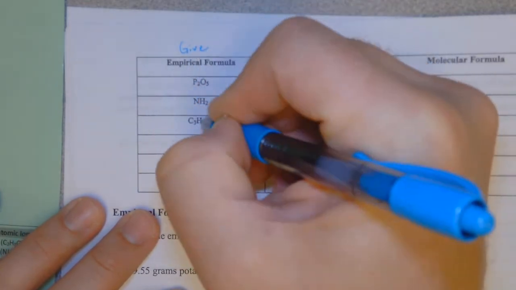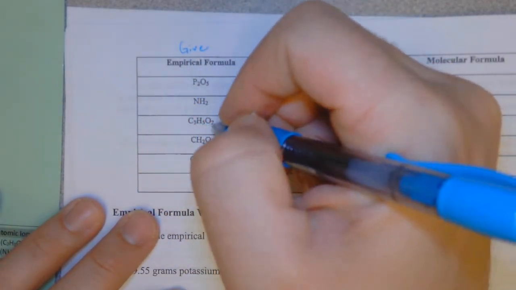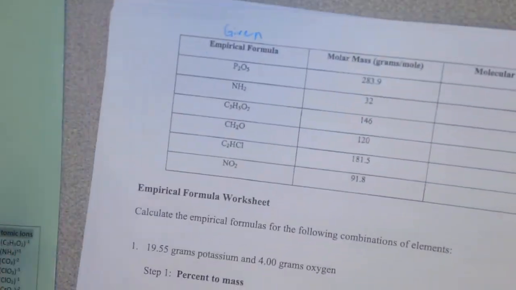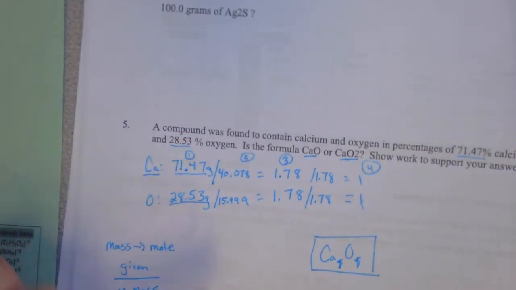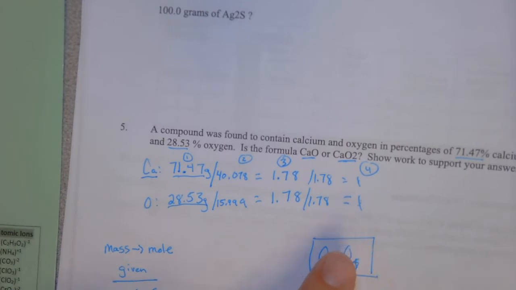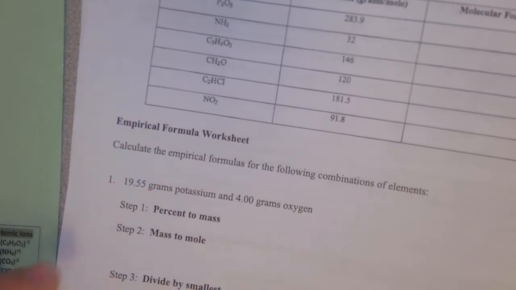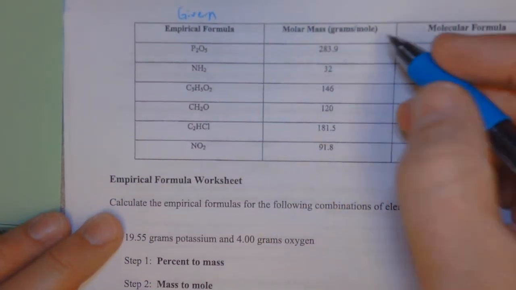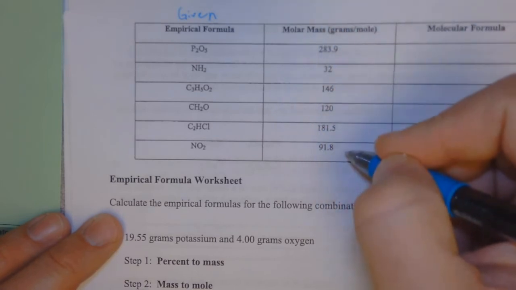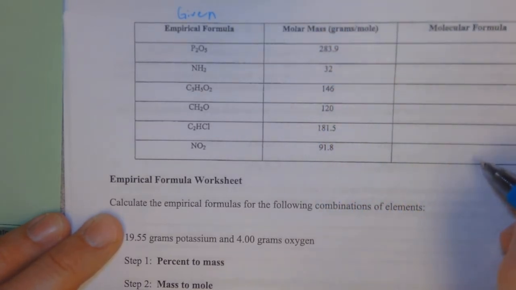If it were not given, you'd have to go through the previous steps to get your empirical formula, which is what we just found. So for each one of these, we use the molar mass of your molecular formula to find out what the molar mass is over here.